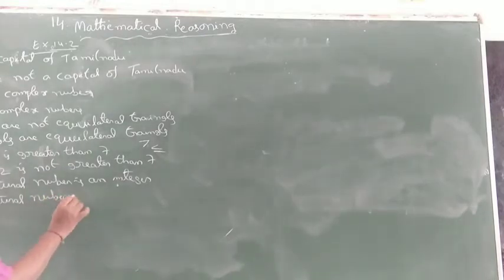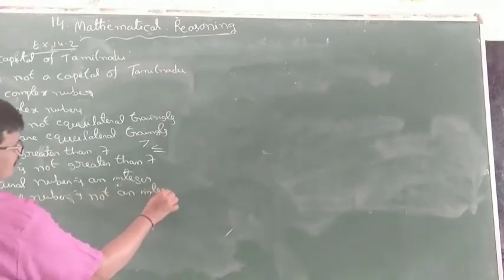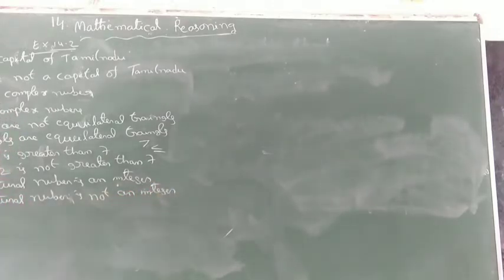Every natural number is not an integer. Is it true or false? Every natural number is an integer, but every integer is not a natural number. So this is the negation. Okay, next.